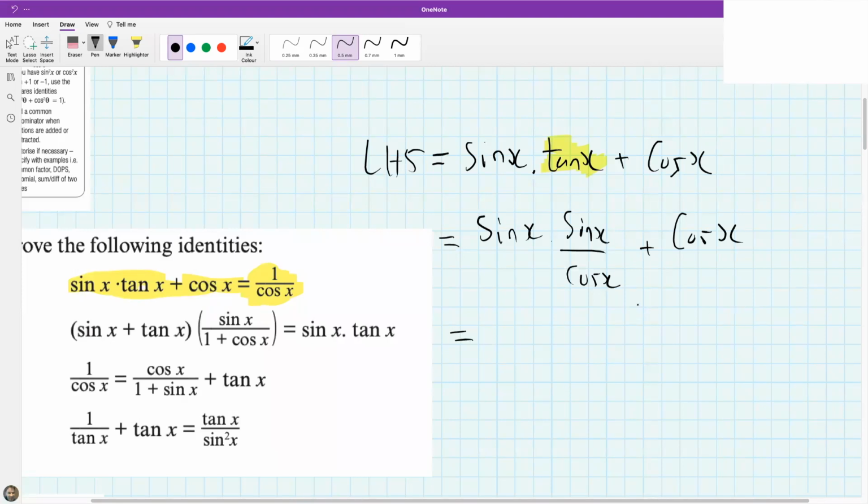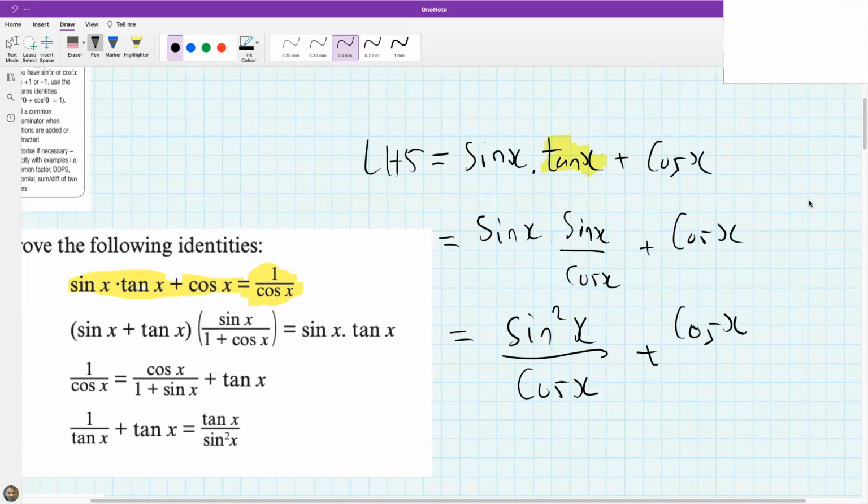If we simplify that fraction, we'll get sine squared x over cos x plus the cos x. Yes. Fantastic. You've helped us a lot. I'm going to ask someone else to help us for the next step, but you have given us great guidance.